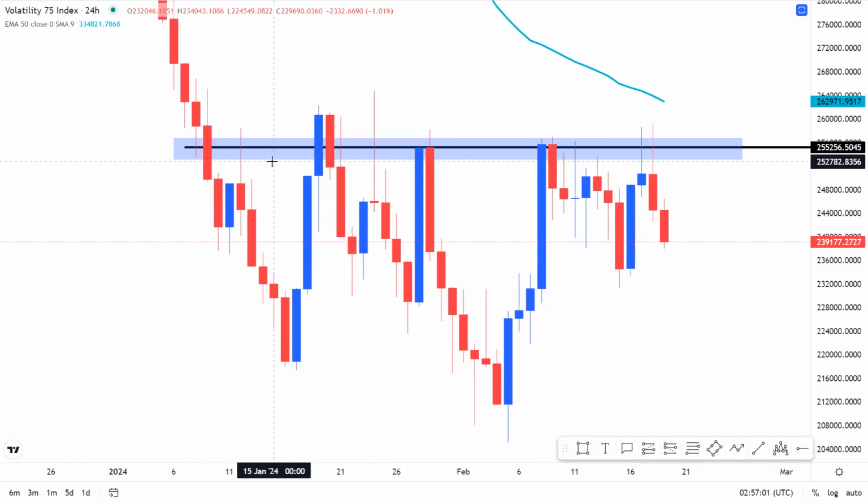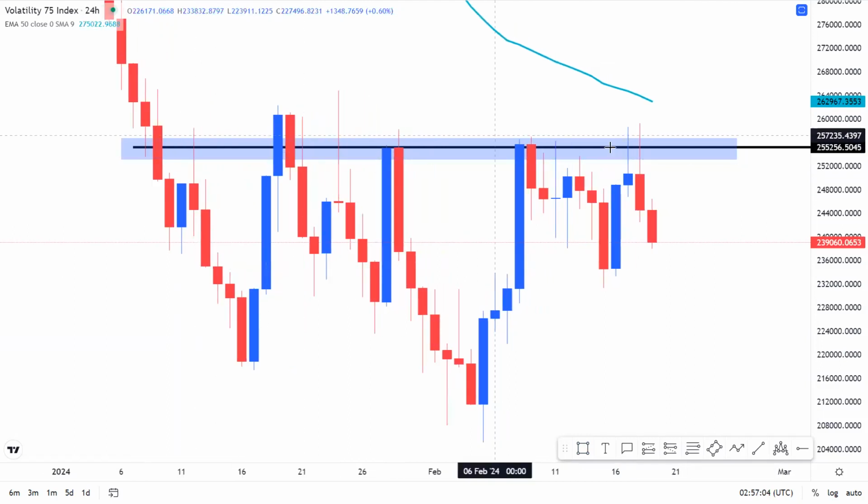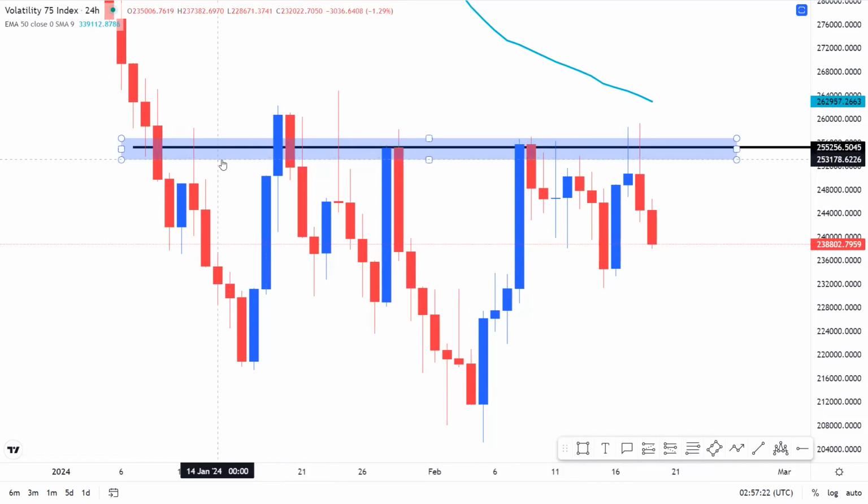So clearly this is a strong supply level, owing to the fact that quite a number of times we've seen price sell off massively from the level, each and every one of the times we had tested the level from the downside.